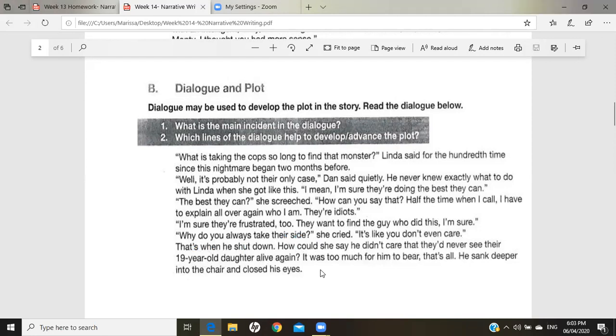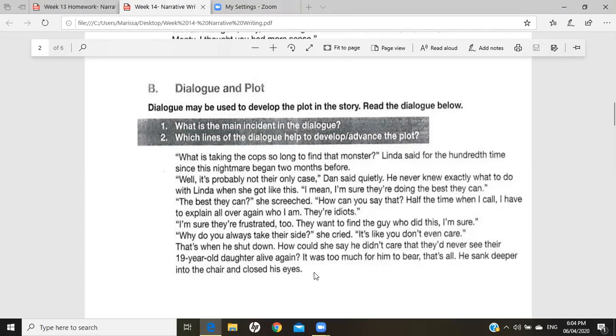So, Alex, what is the main incident in the dialogue? Alex or Felicia, what do y'all think is the main incident in the dialogue? A missing girl? It's a missing girl, but could you be more specific about the girl?